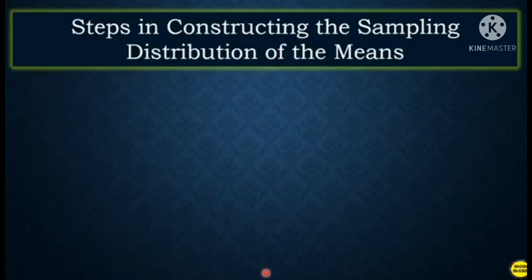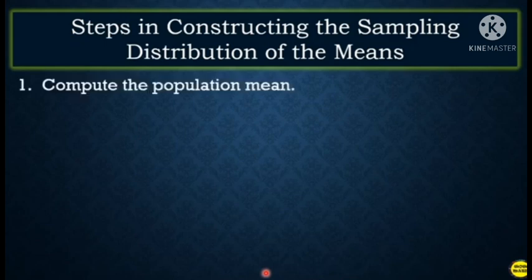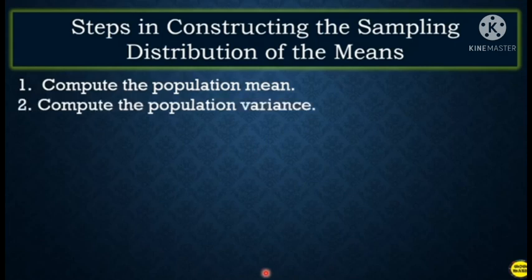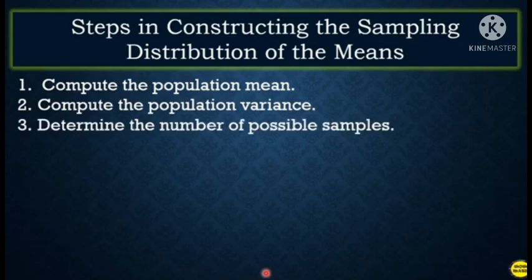Okay, so ano naman yung mga steps in constructing the sampling distribution of the sample means? First, compute the population mean. Number 2, compute the population variance. Number 3, determine the number of possible samples.